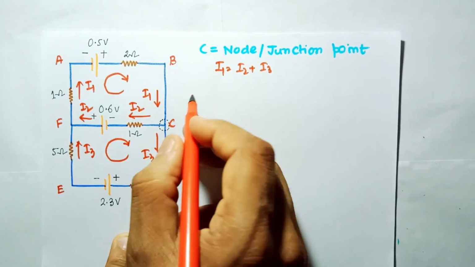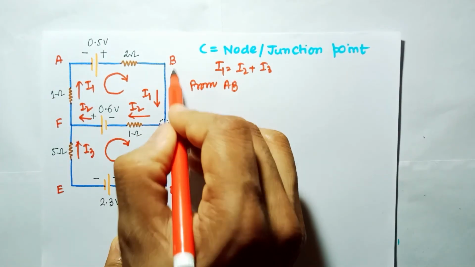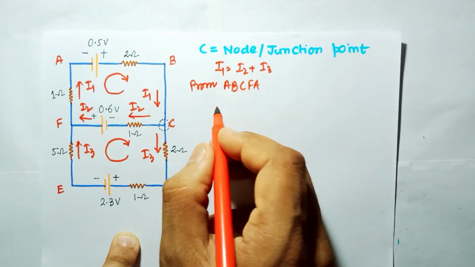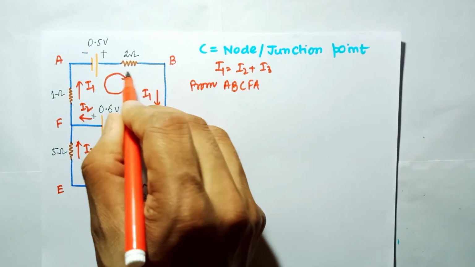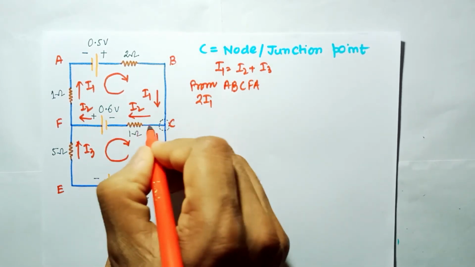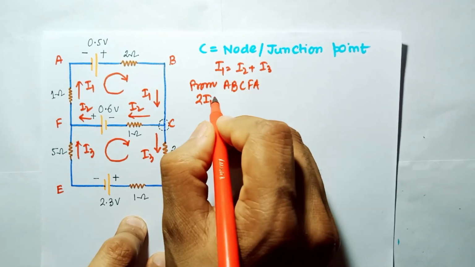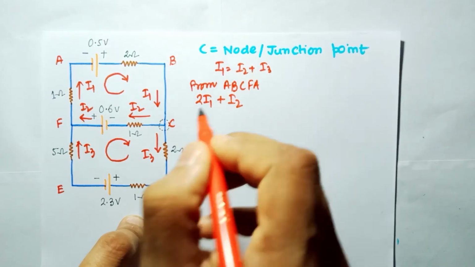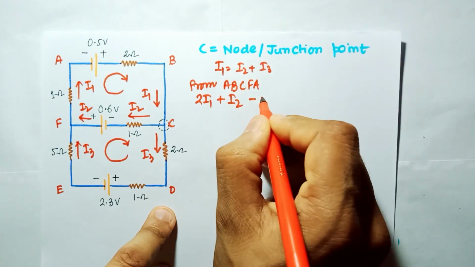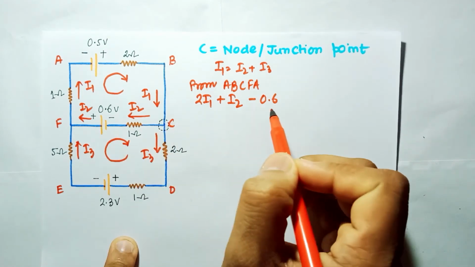and from the loop ABCFA, I will write that in this direction the current I1 is flowing through 2 ohm, so I will write 2 I1. In this direction through the 1 ohm the current I2 is flowing, so plus I2, 1 times I2 means I2. Then I will see the negative terminal of the battery while I am traversing, so I will write minus 0.6.